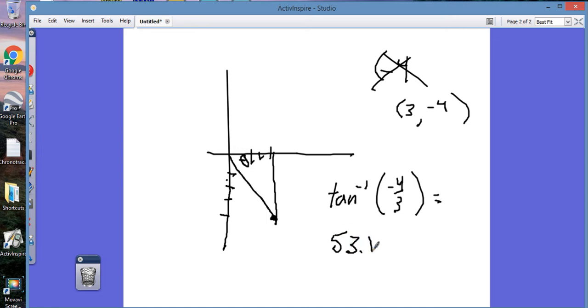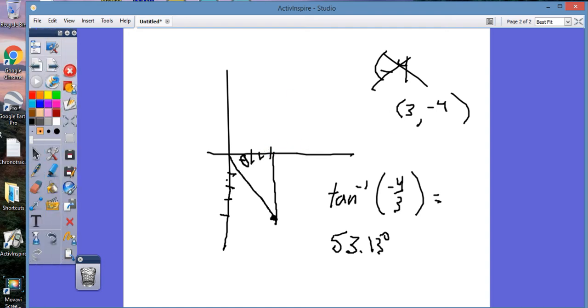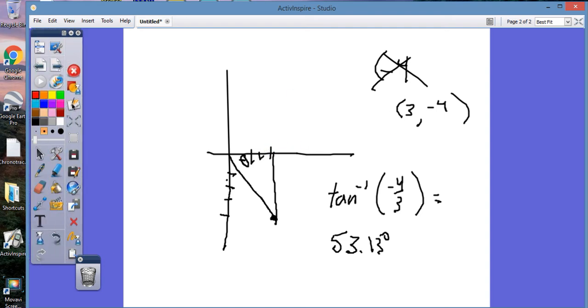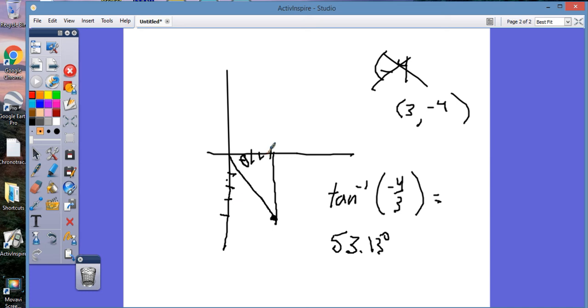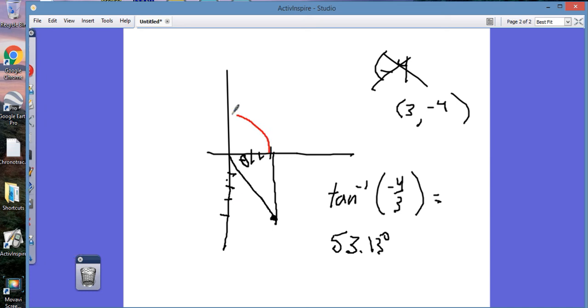Which I believe is going to give you an angle of 53.13 degrees. Now notice this is in the fourth quadrant, so when your teacher was saying what's the positive angle, if we're starting from 0, we're moving around to the fourth quadrant. So in this case, you're going to do 360 minus the 53.13. You'll get 306.87 degrees.